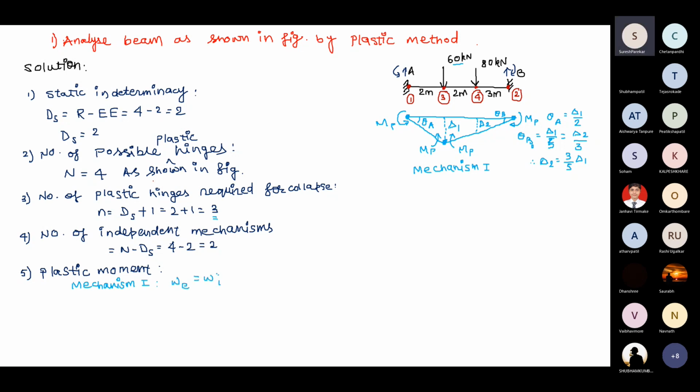And then we will go first mechanism 1. External equal to internal. And then we will put the values.